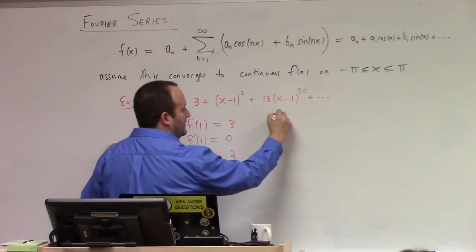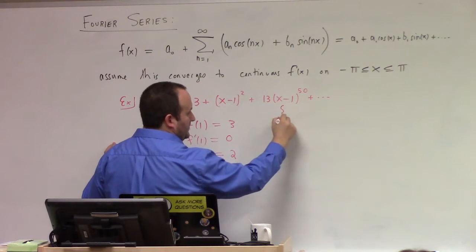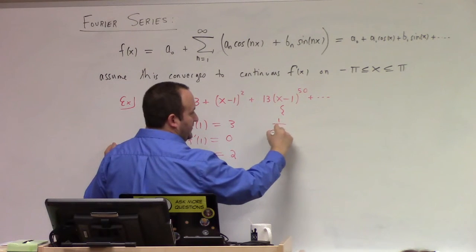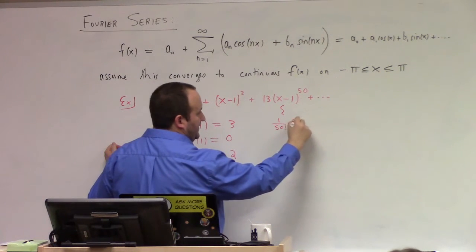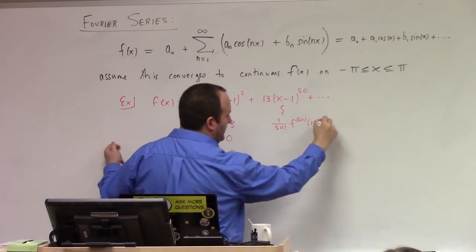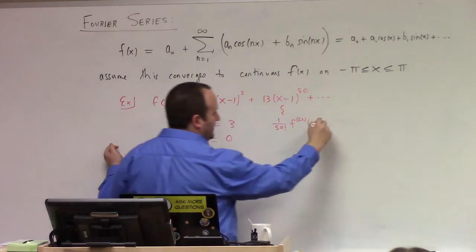The coefficient here we could compare to 1 over 50 factorial times the 50th derivative at 1 of the function, times (x minus 1) to the 50th, of course.